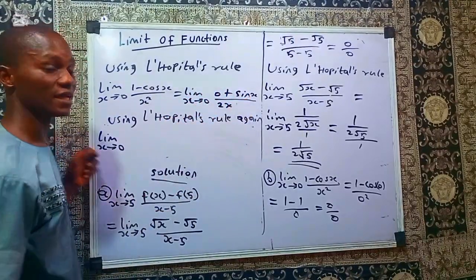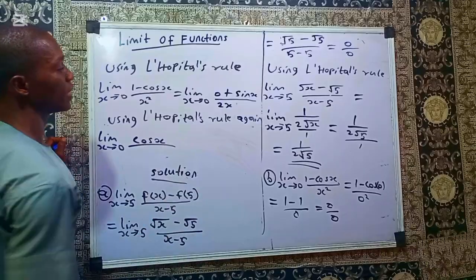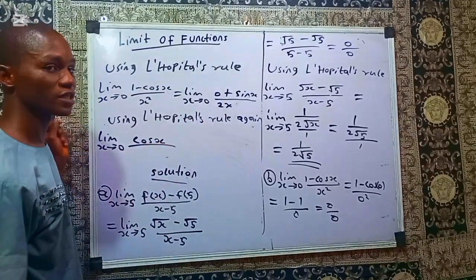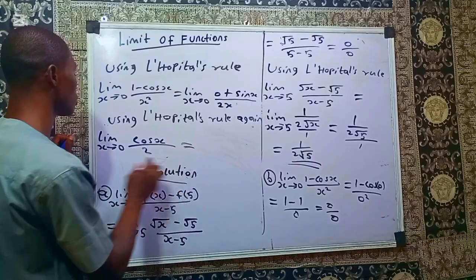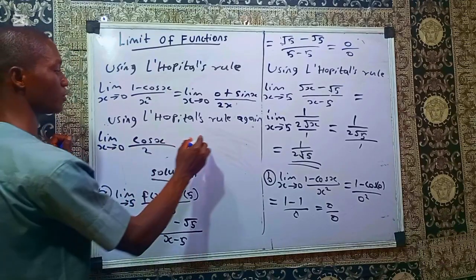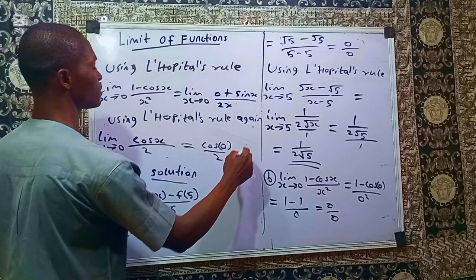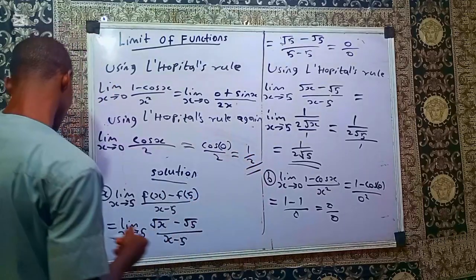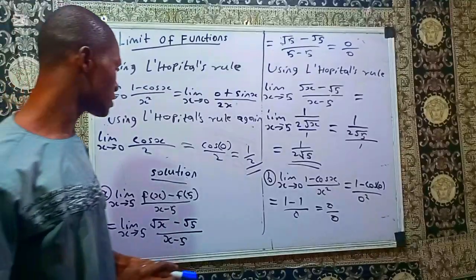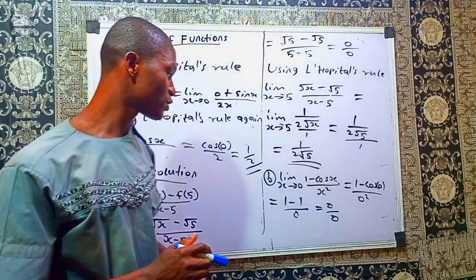If you differentiate sine x, you get positive cosine of x. Then you differentiate the denominator, that's 2x, and you get 2. So if you plug in the point 0, you are going to have cos 0 divided by 2. Cos 0 is 1, so 1 divided by 2. So we got a number. We got a half. This gives us the limit of this very function as x goes to 0.